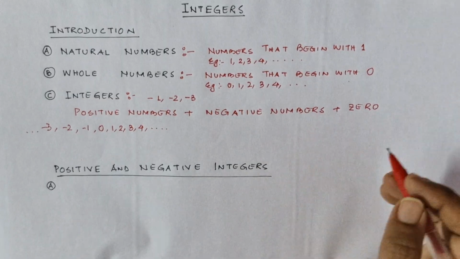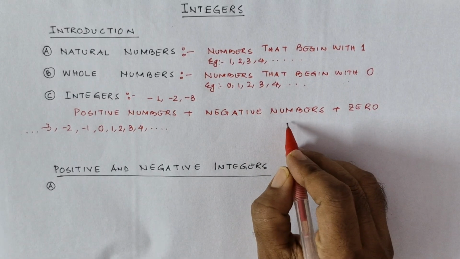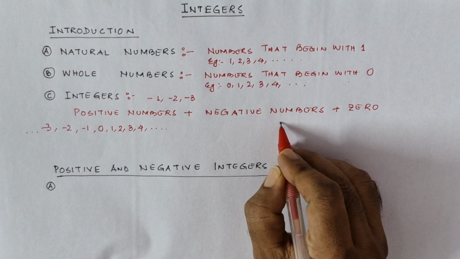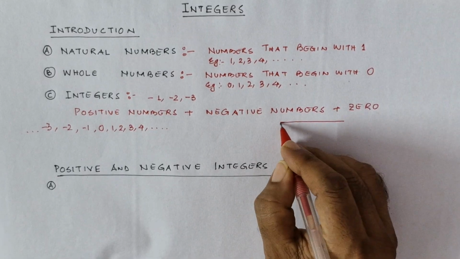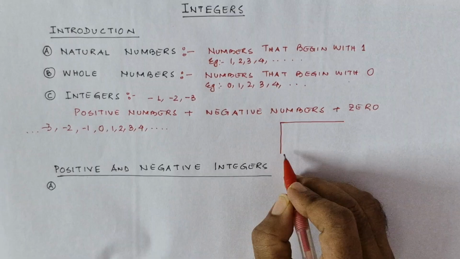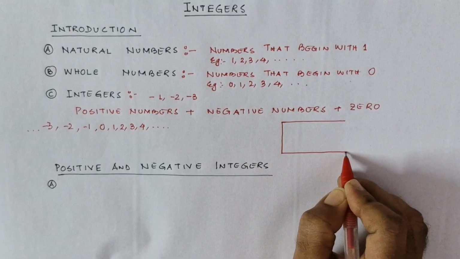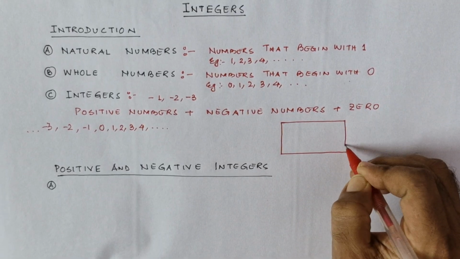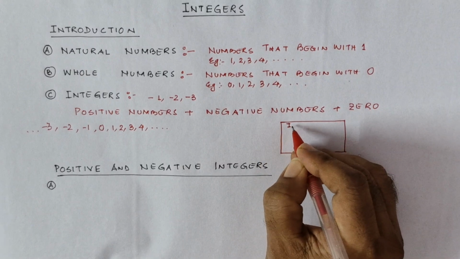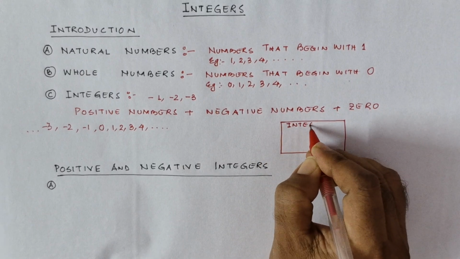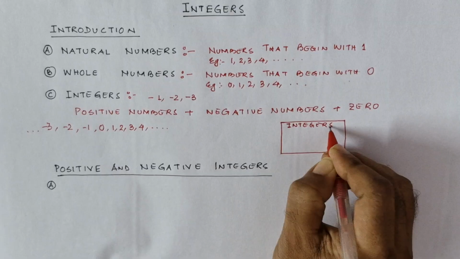If I want to represent this in a pictorial form, I can do this. The big rectangle is integers, right?